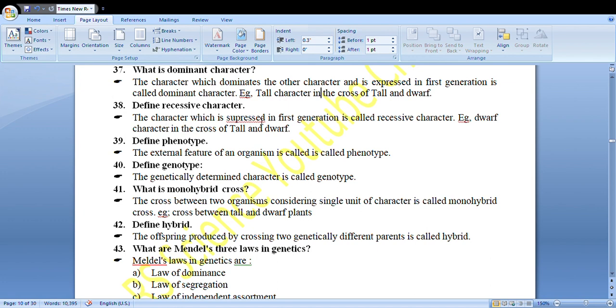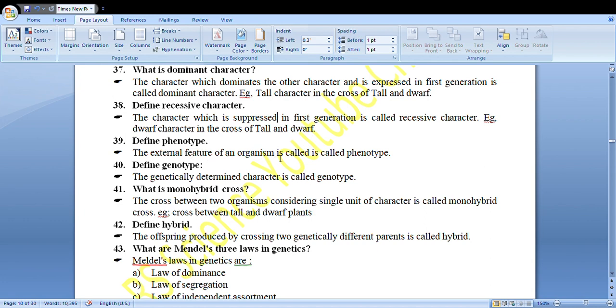The character which is suppressed in first generation is called recessive character. Example, dwarf character in the cross of tall and dwarf.